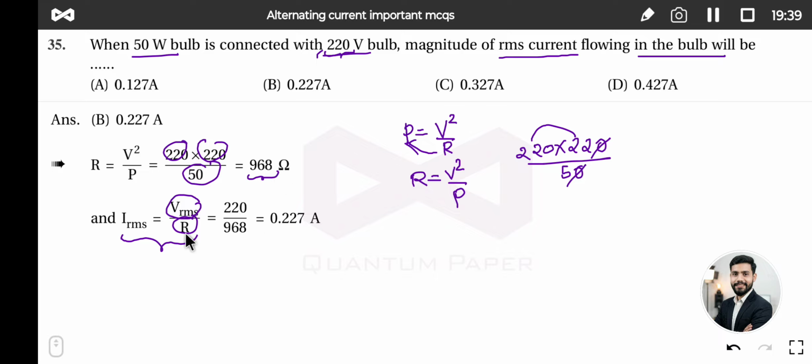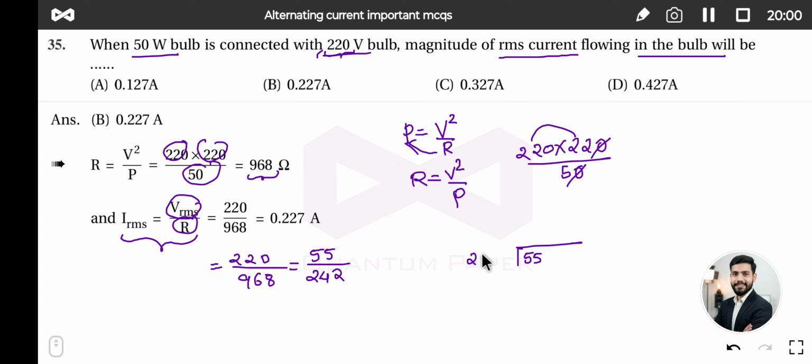Now to find out the RMS value, IRMS, which is nothing but 220 upon R, which is 968. If we cancel out by 4, we'll get 55 upon 242. Now no need to divide this full thing, you just have to see 55 and 242. We'll take a point and 10 here. Which is the first digit?